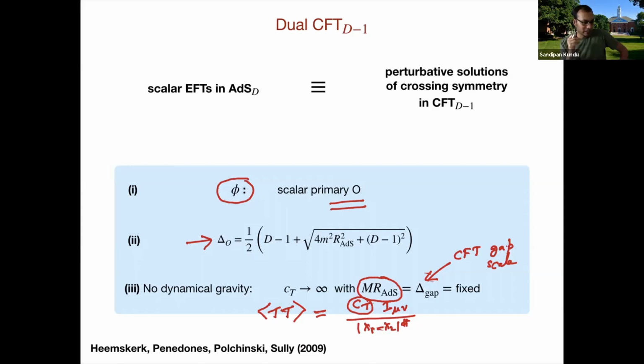I think I'm saying something a lot more trivial. Whenever we compute any quantity in CFT, I'm expanding in the central charge. I'm only keeping the leading quantity in the central charge. So basically it's an expansion in 1 over C_T, and I'm just keeping the leading term.